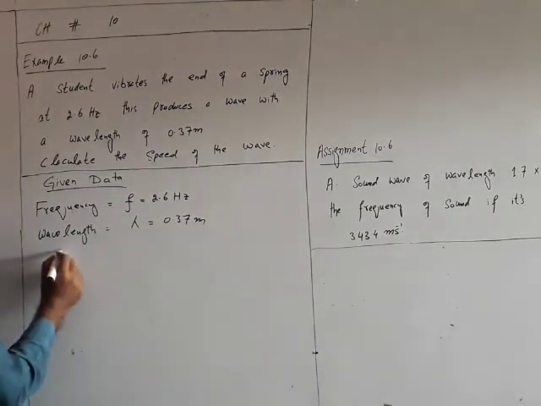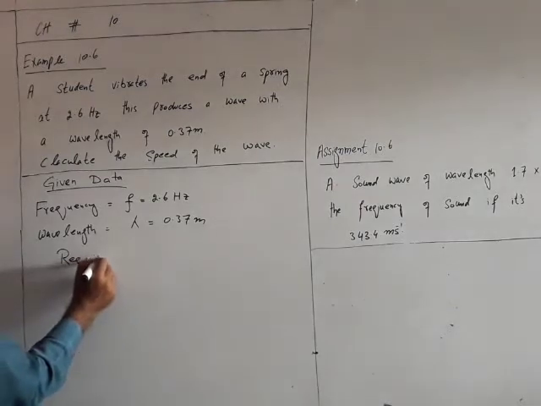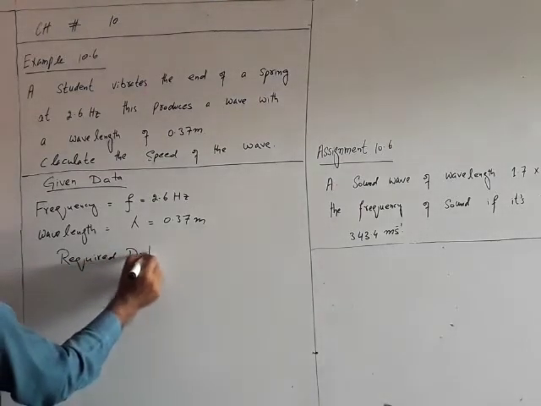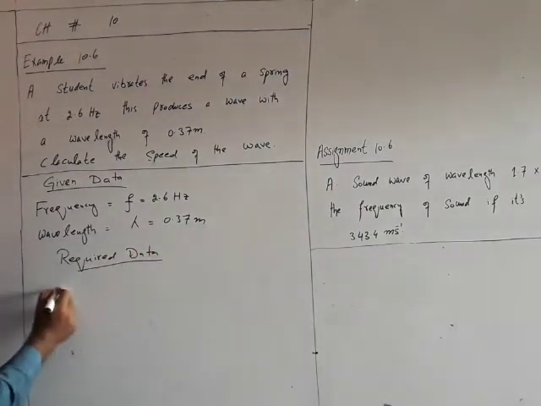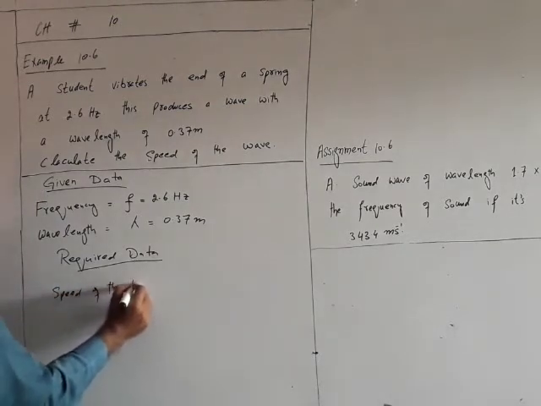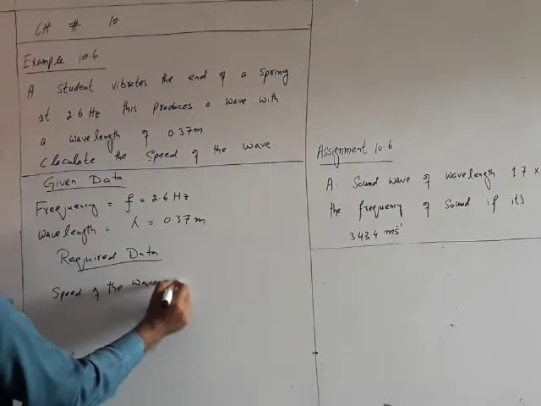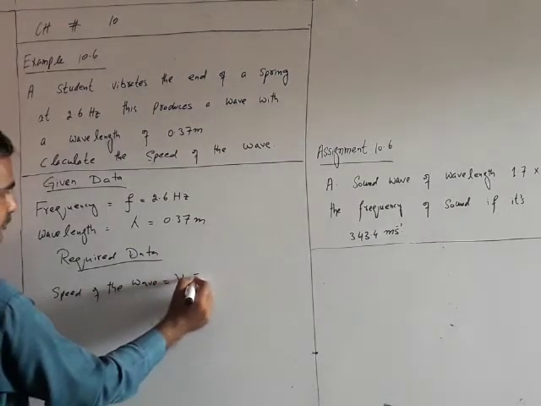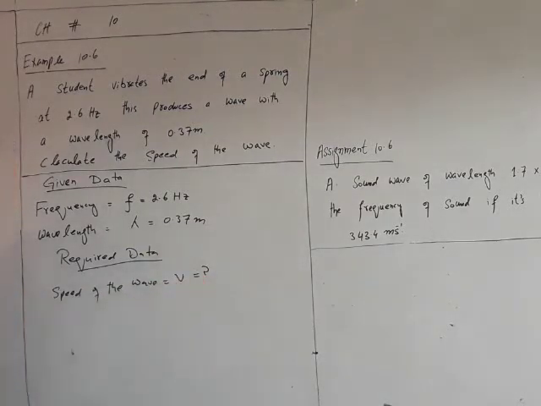Now the required data which we have to calculate is the speed of the wave. Speed of the wave is represented by v, and as it has to be calculated, I will put a sign of interrogation here. Now the solution. I will give the solution heading.